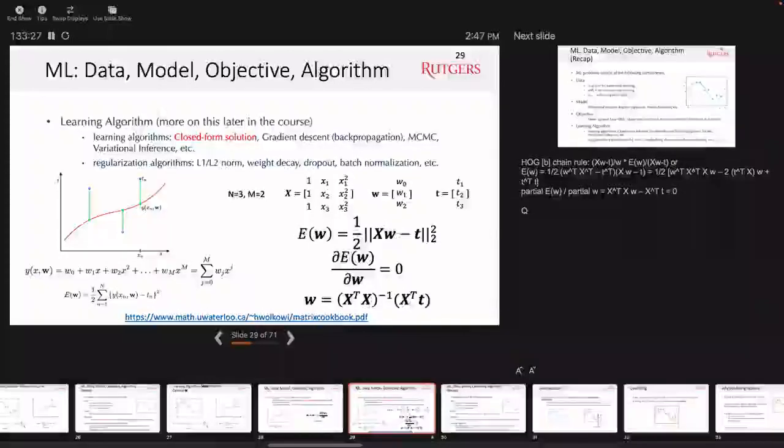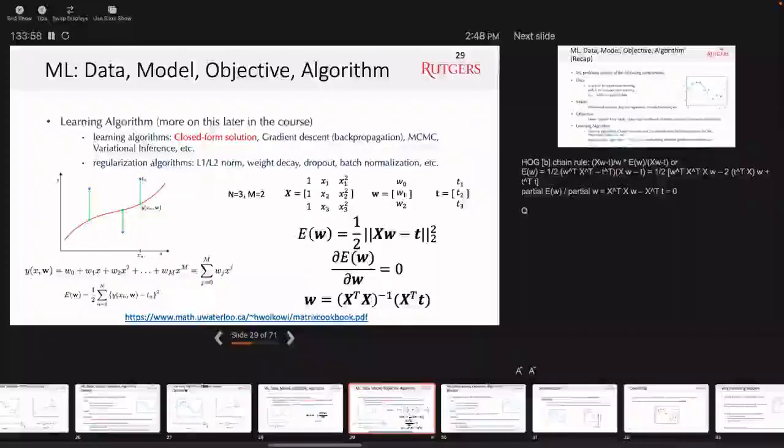And the second term would be minus W transpose S transpose T, okay? And the third term would be this one times this one, right? It's going to be minus T transpose times SW.